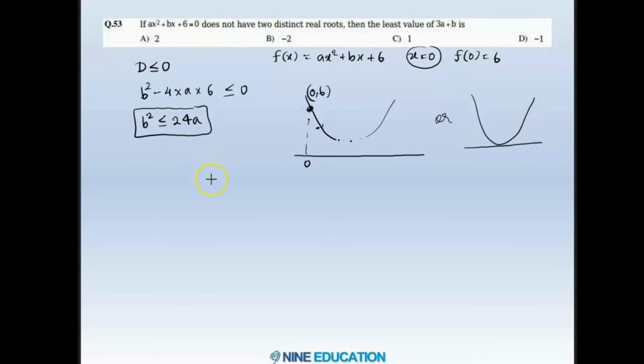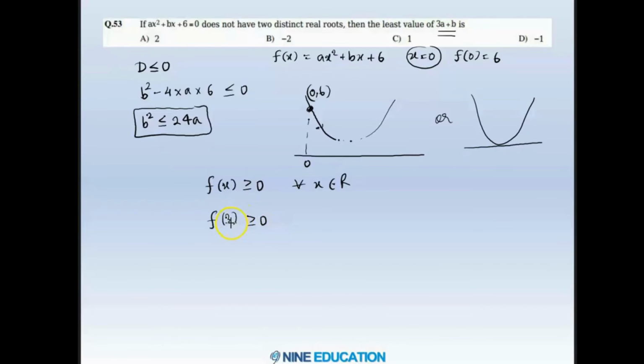So I can conclude that the function f(x) is going to be greater than or equal to 0 for all x values belonging to R. So therefore definitely the same thing will happen for f(3) also. f(3) should be greater than or equal to 0. And how am I able to say that I have to apply f(3) only? Because they are asking the least value of 3a + b, so somehow I need to create 3 times a.